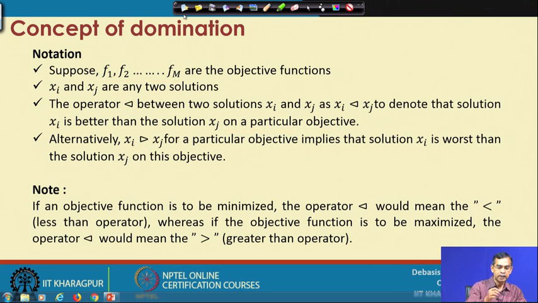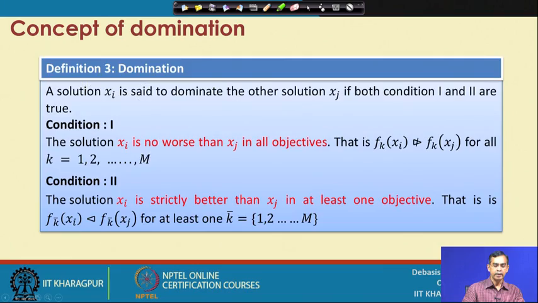Here, our discussion is about this: if two solutions are given to you, how can you decide whether one solution dominates the other, or neither dominates the other? Dominate means that one solution is better than the other. This is the concept of domination, and there is a precise definition for it.